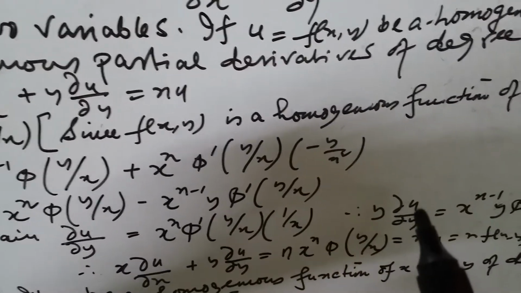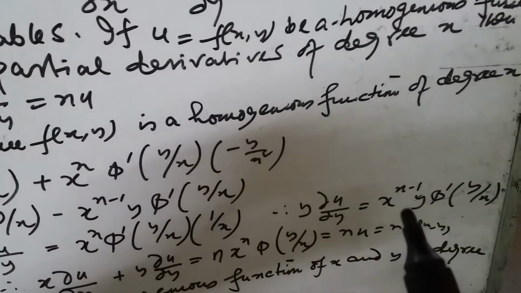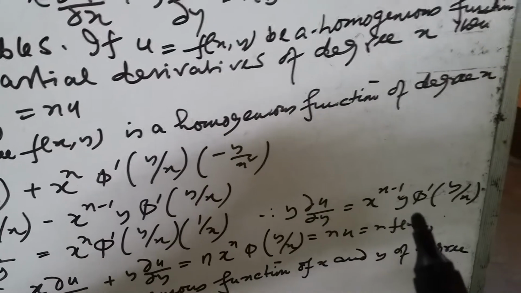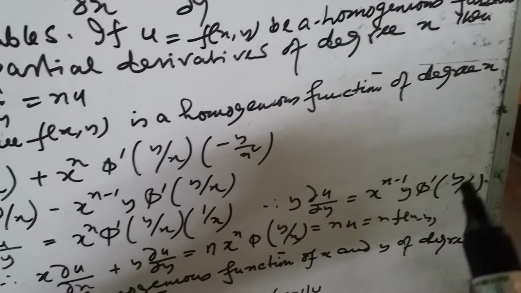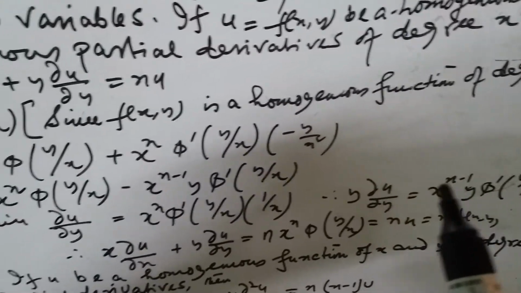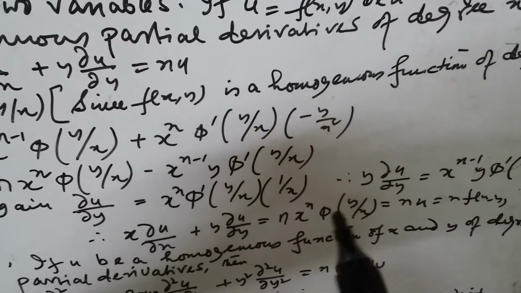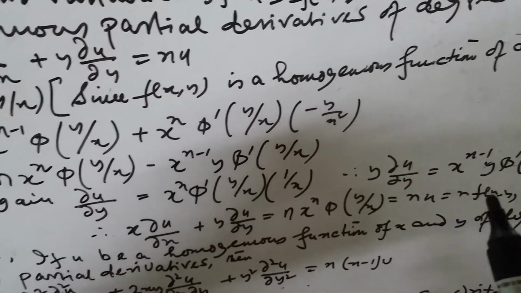So y del u by del y equals x to the power n minus 1 y phi dash(y by x). Adding these, you get nu, that is n f(x,y). Hence the proof.